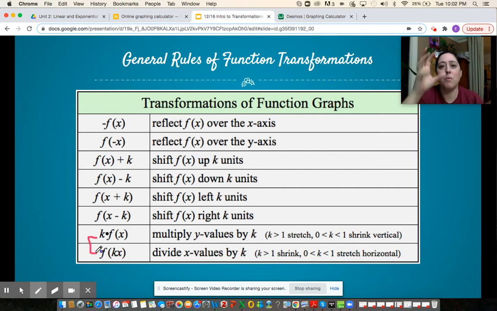We are not focusing on dilations today, but we might see them in the future. The bulk of what we are doing is right here. Where we're shifting up, down, left, right, those are called translations. So these are what we're focusing on today.